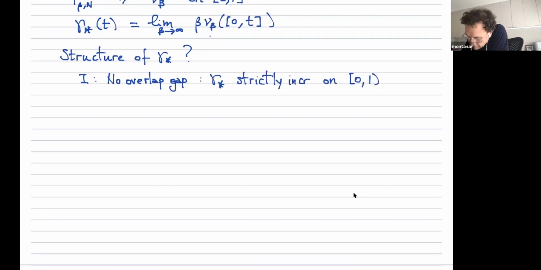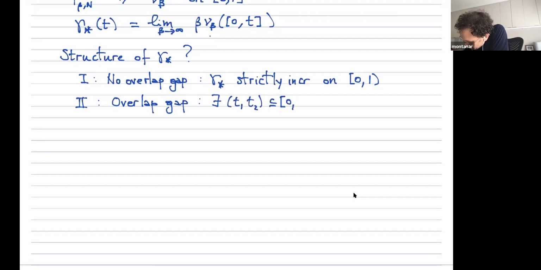And then there is the complement of this, overlap gap, which is that there exist T1, T2 in the interval 0, 1, such that gamma is flat.